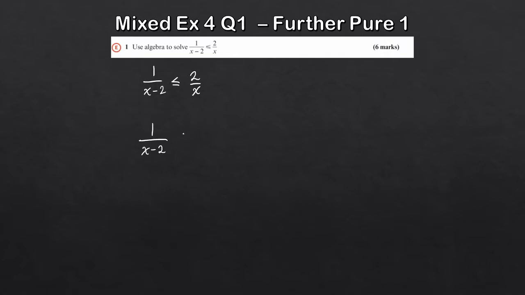I'm going to times that by x squared, x minus 2 squared. Okay, so that's that side multiplied by x squared, x minus 2 squared. It's going to be less than or equal to 2 over x times x squared again, x minus 2 squared.